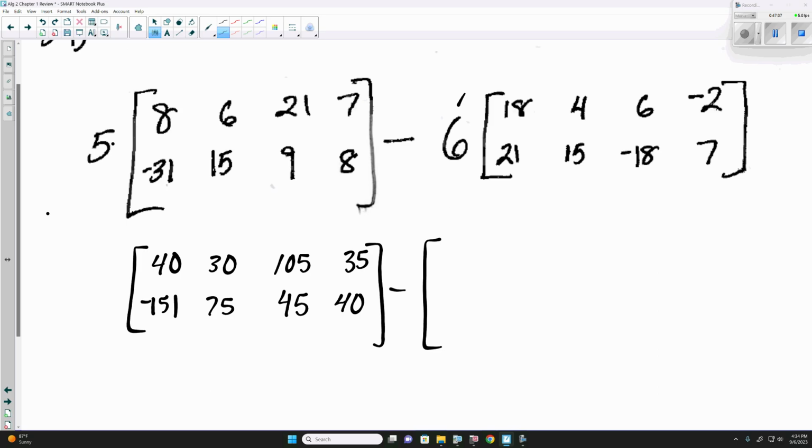So in this case, I'm just going to multiply with the 6 and then subtract later. So the first one we want to do is 6 times 18.